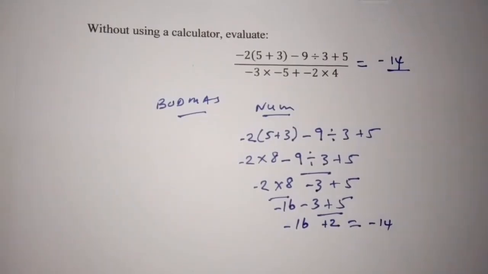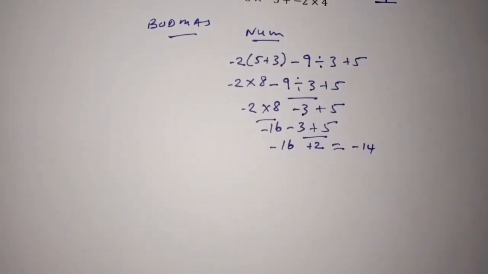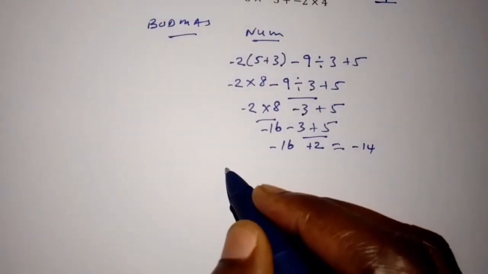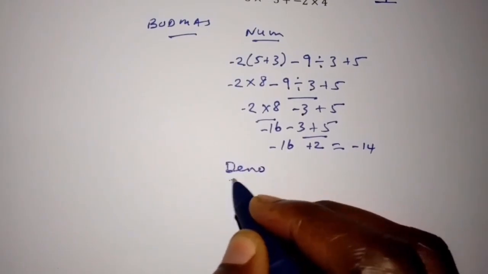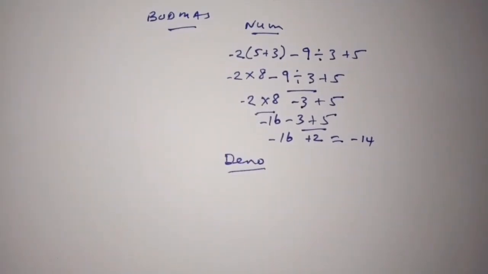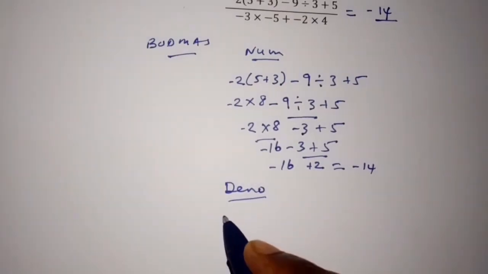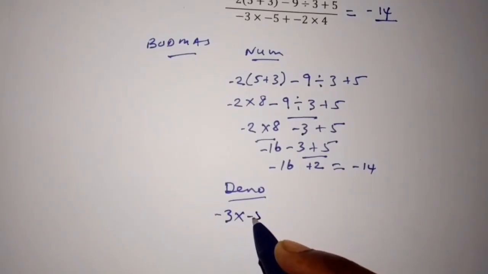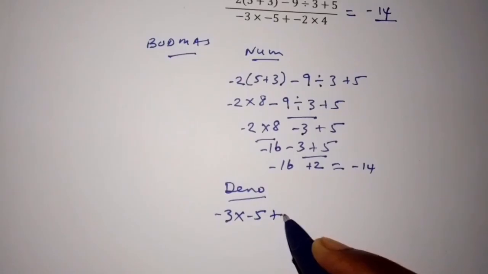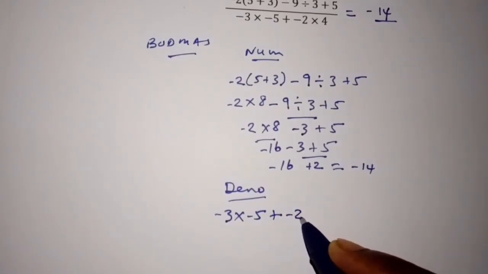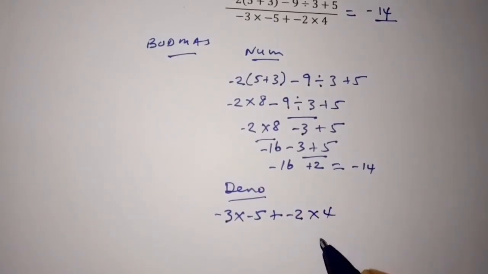Now let us go to the denominator. It is negative 3 times negative 5 plus negative 2 times 4.